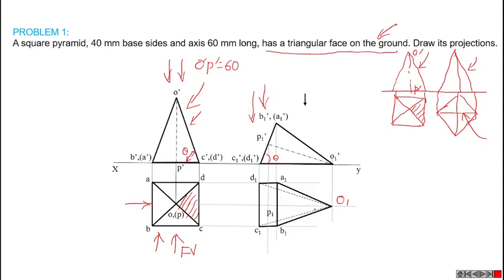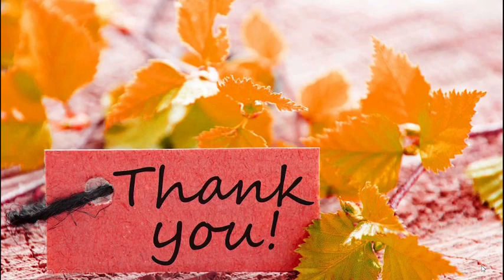All slant heights are already completed. That means the entire figure is completed. But we have to represent that axis also, P1, O1 also. That axis must be in chain line. Then that is the final figure, and this is the final solution of this particular problem. Thank you all.